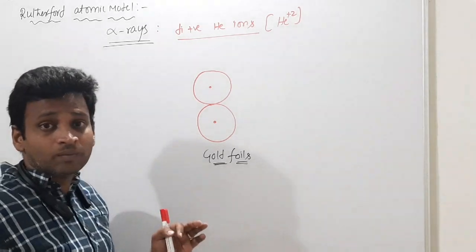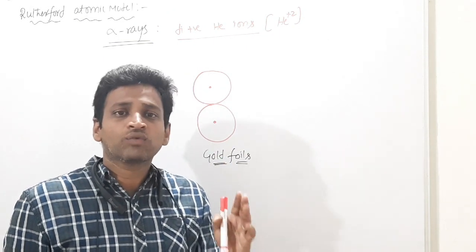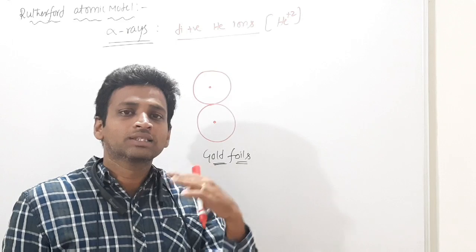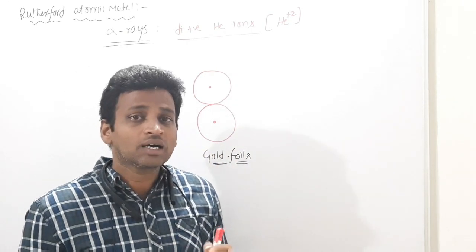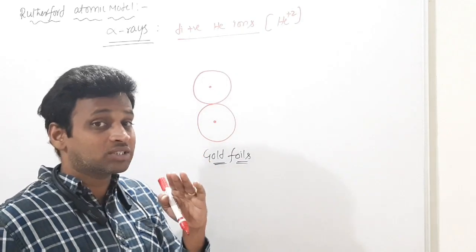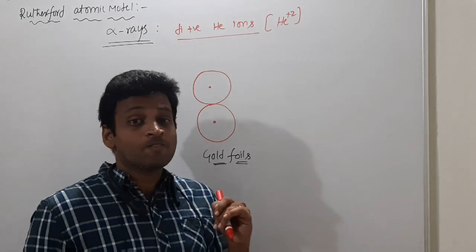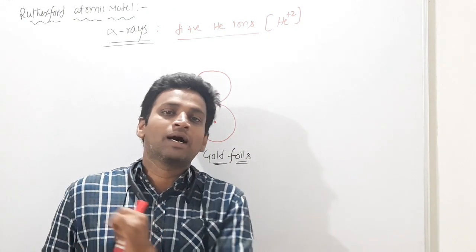He observed that out of around 10,000 alpha rays, the maximum of the rays pass through the gold foils. But the rays which touch the center are deflected back along the same path.